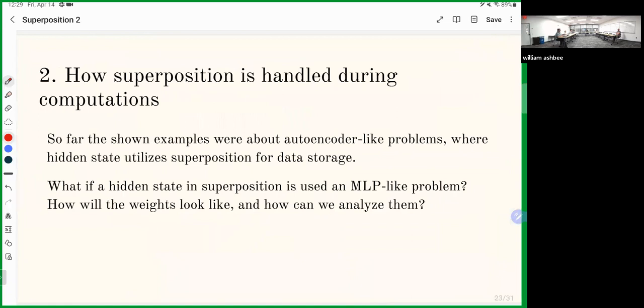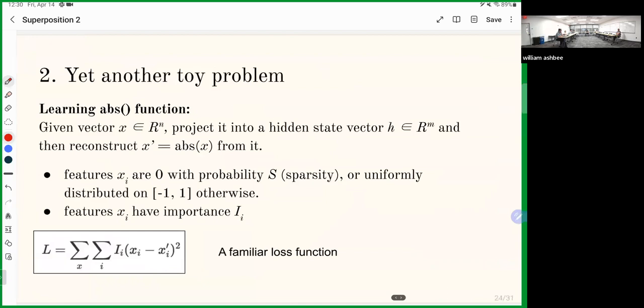They want to see how superposition affects computations in more complex problems, not just an autoencoder-like problem, but a neural net problem. For this, they consider another problem. They want to learn an absolute function, the modulus function.